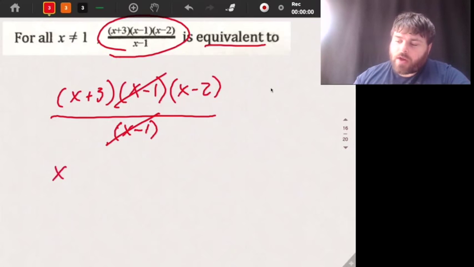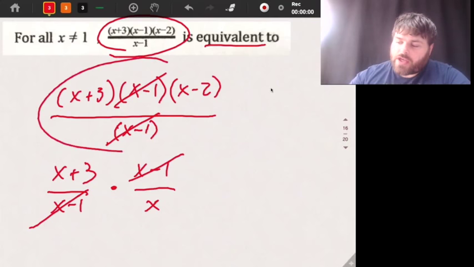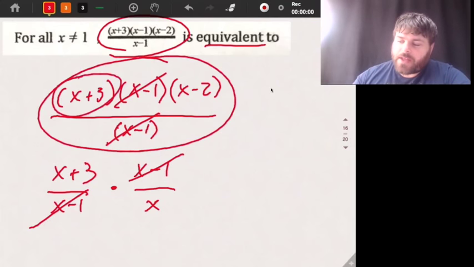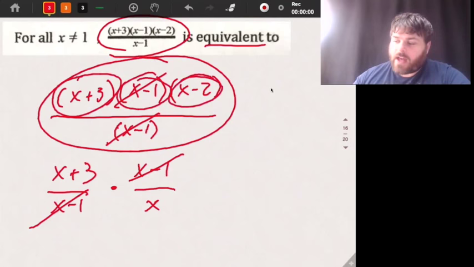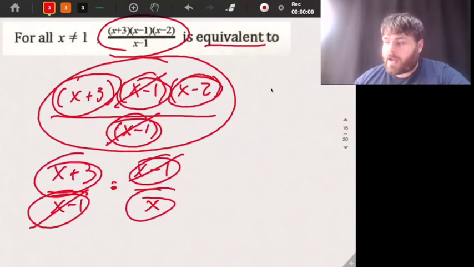This also works if I had something like this. Even though they're not on the same fraction, I can still cancel one on top with one on bottom, okay? And that happens because it's all multiplication and division. See how this is something times something times something divided by something? And this is something divided by something times something divided by something. I'm not using plus or minuses here.